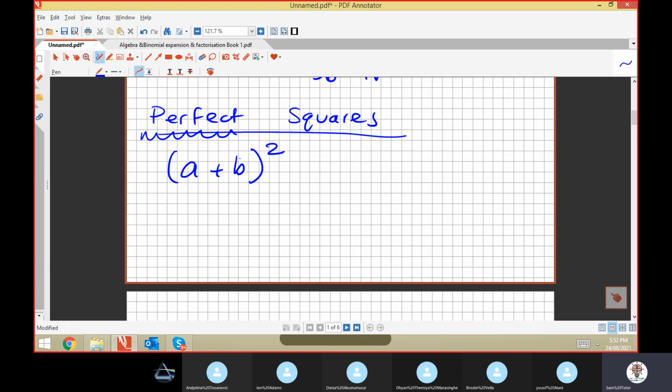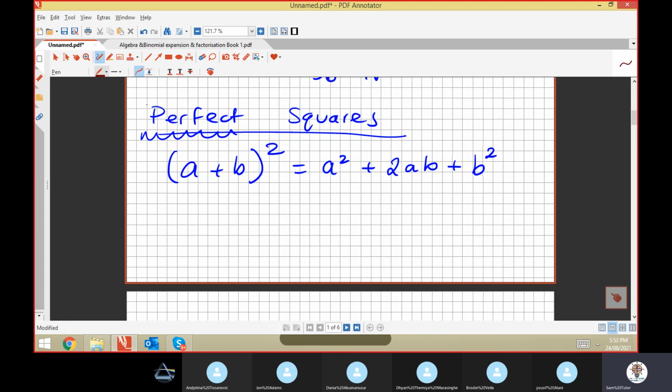What perfect squares tell us is if I've got something that looks like this, a plus b squared, I can actually expand it pretty quickly using a little formula. And that formula looks like this: a squared plus 2ab plus b squared.